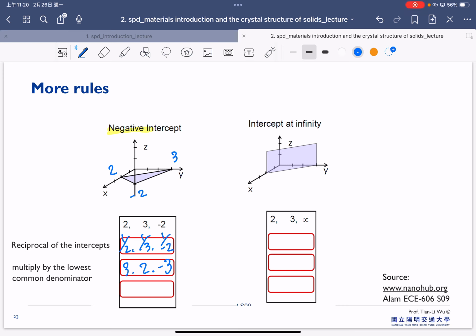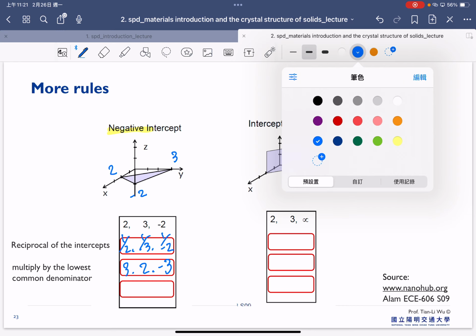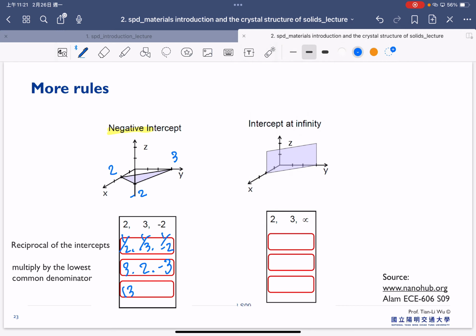But in the Miller index there is no negative sign in front, so in the end it becomes 3, 2, 3, with a bar on the number that has a negative value. This is the Miller index describing a plane with a negative intercept.